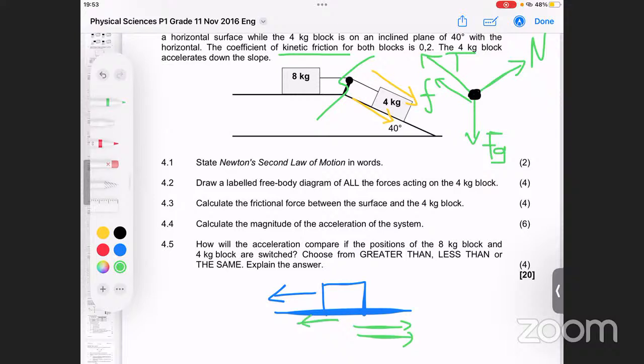Do you guys hear me on that one? Am I not confusing you? No, sir. Does it make sense? Yes, sir. So just to clarify, it doesn't oppose the force, it opposes the direction in which the object moves. 100%, exactly that. Okay, thank you, sir.